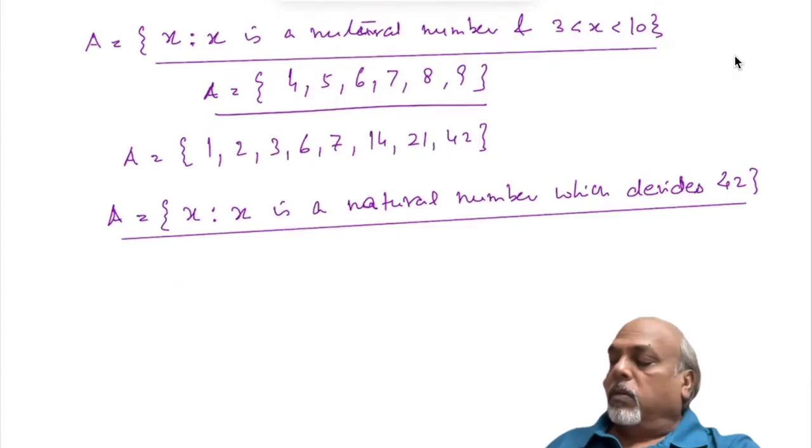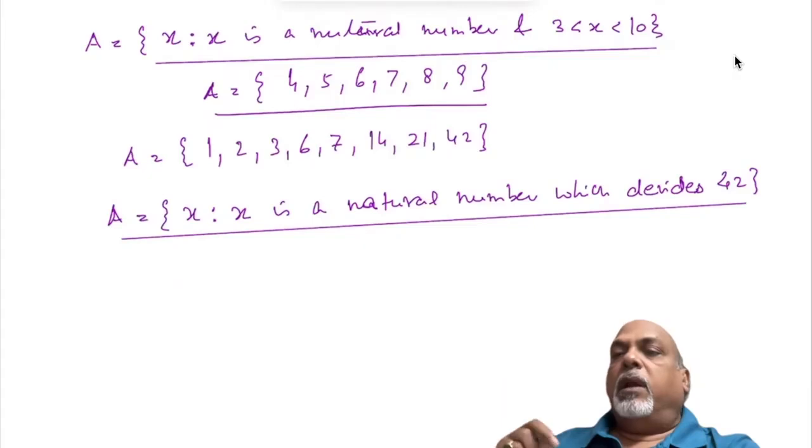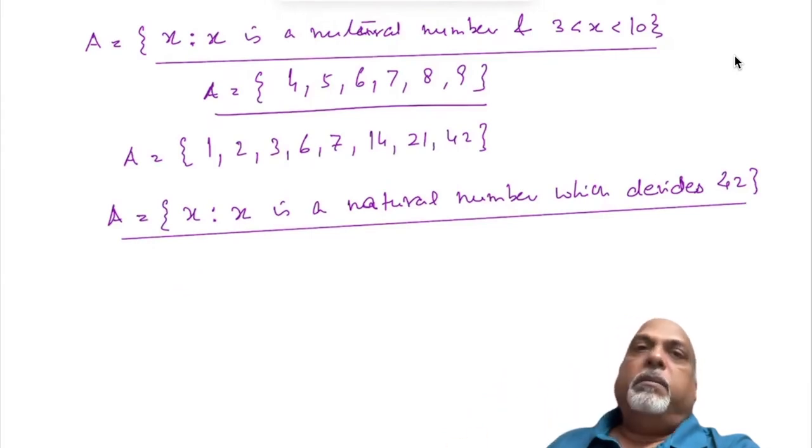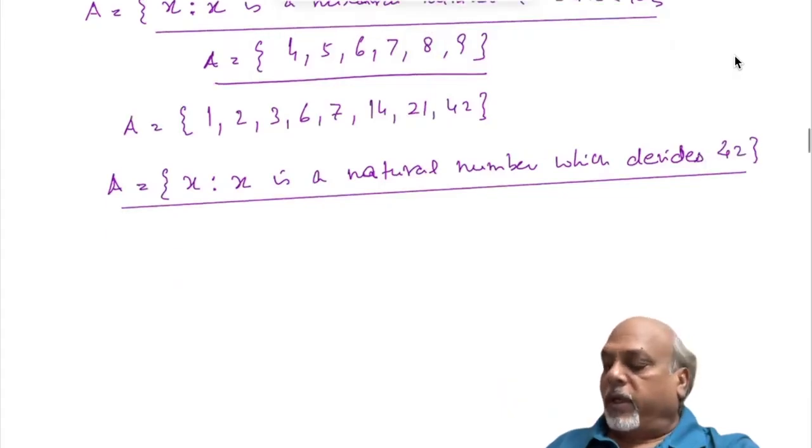Correct? So this is how you can represent your set. There are two methods of representing a set. We have learned one is roster form and another one is set builder form. Now let us go further.